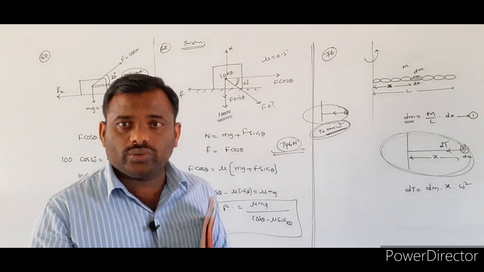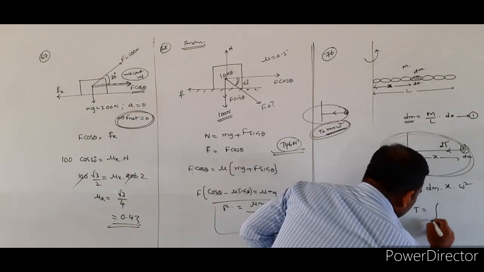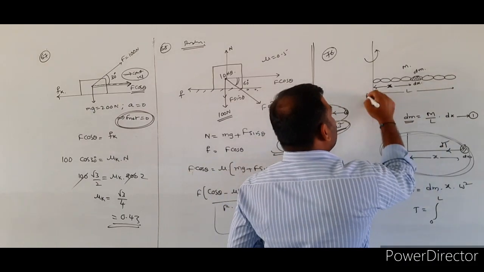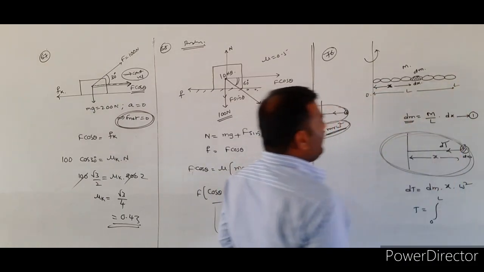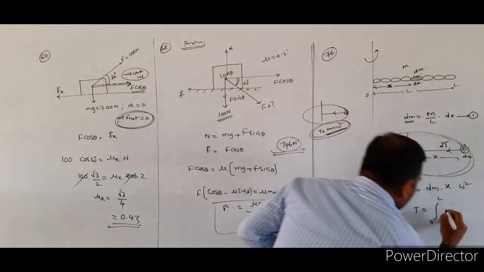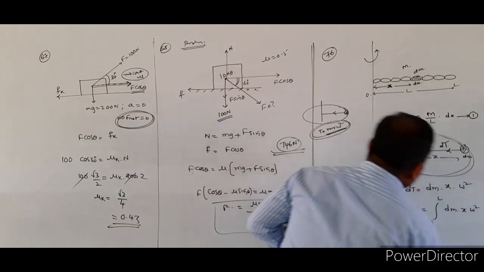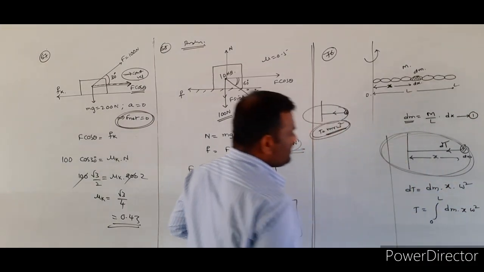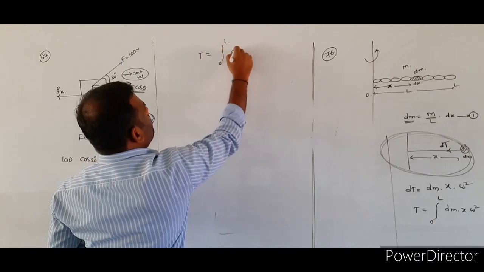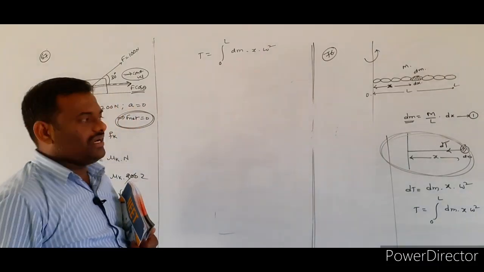For that we are going through integration. So total tension T is equal to integral with limits from 0 to L. Why? The total length of the chain extends from 0 to capital L, so the limits are taken from 0 to L, and we substitute dm into x into omega square.